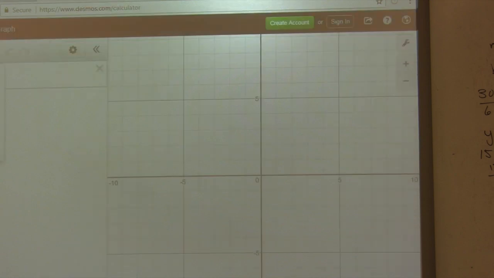So we go to table, 0, 4, 1, 4, 2, 3, 3, 2, 4, 2, and 5, 2. Let me check to make sure that's right.